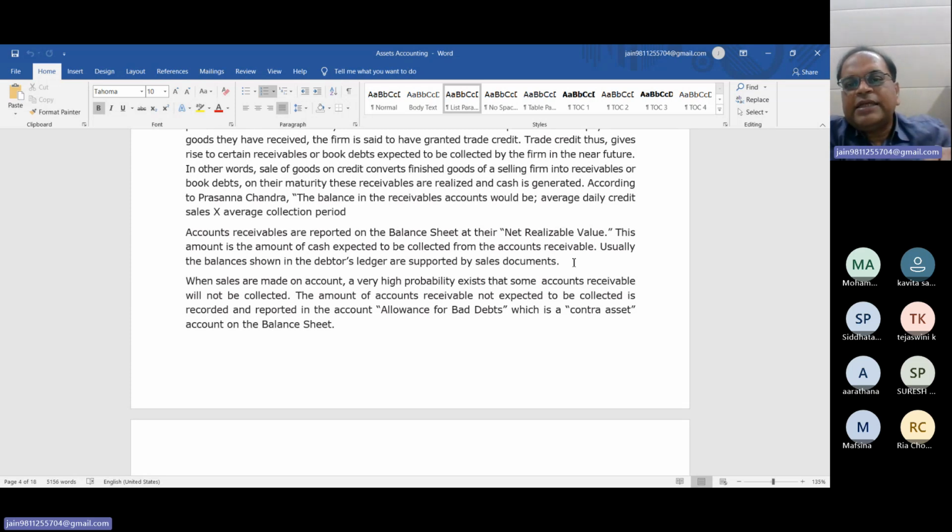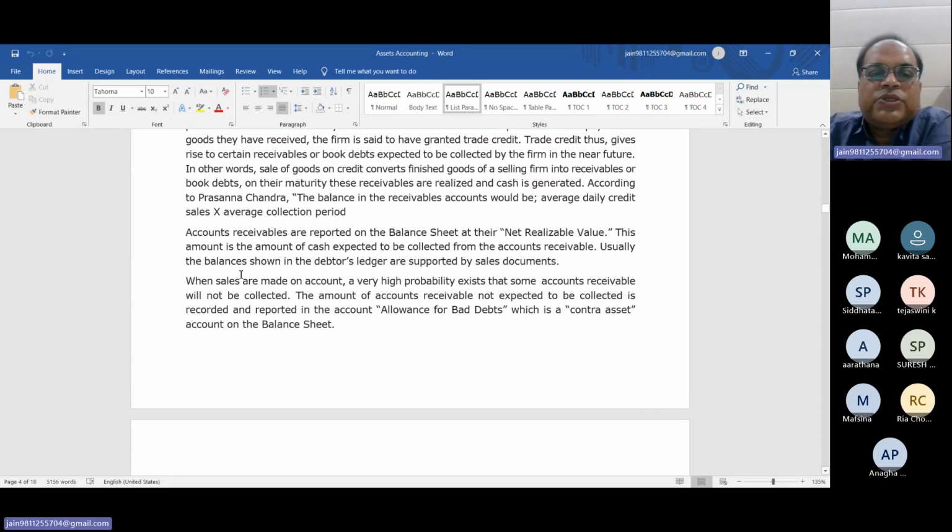So the net realizable value is 48,000. Now out of 48,000, we have already created a provision for doubtful debt of rupees 1,000. Again, there is a chance of not recovering that amount from the debtor. Now the remaining amount is the amount we have a chance to recover from the debtor. So this is called the net realizable value.